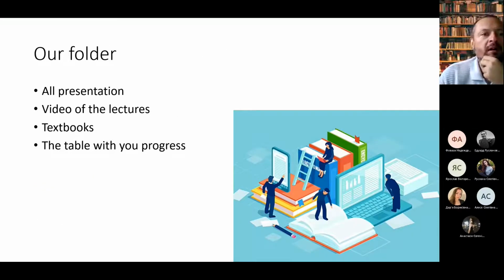So we will have our common folder as we had. This folder will contain all the presentations, the links to the video of the lectures, the textbooks. The basic textbook for our course is Thompson and Strickland, Strategic Management, and also there will be the progress file.